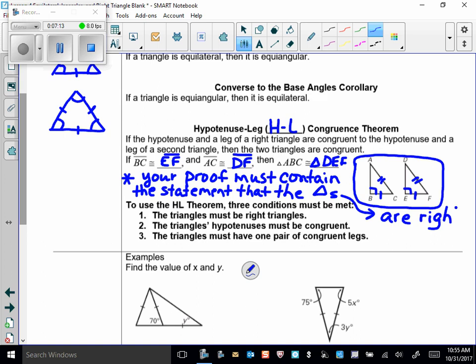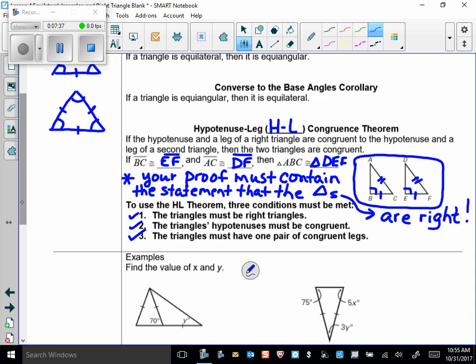Very important. If you're going to use the hypotenuse-leg theorem somewhere in the proof, it's got to say triangle ABC and triangle DEF are right triangles. You have to say that. Okay, they got to be right triangles. You got to say that in your proof. The hypotenuse has got to be congruent. One pair of corresponding legs have to be congruent.